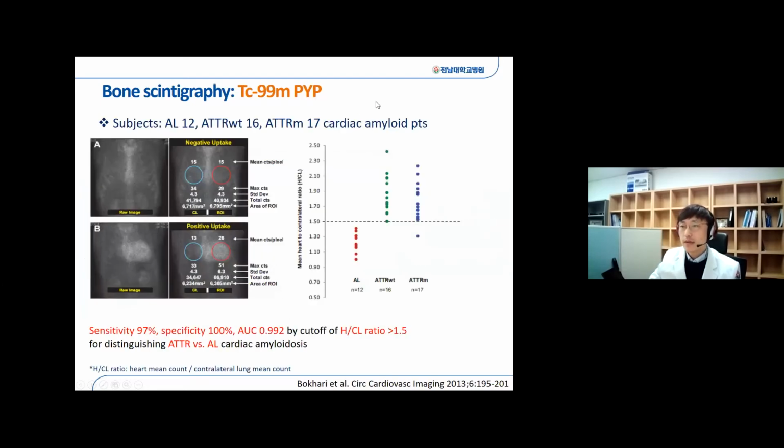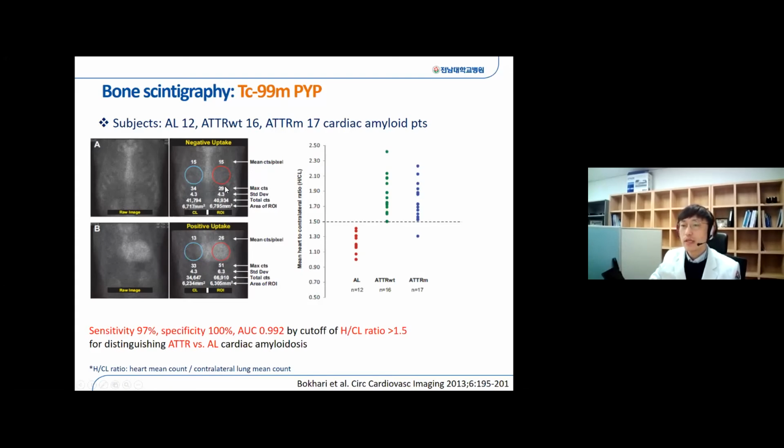Technetium pyrophosphate can be also used for TTR type cardiac amyloidosis. And here we draw a circular region of interest on the heart to include the heart contour on the left side, and we mirror it onto the contralateral chest, with caution not to include some bony structures around, in the same size.